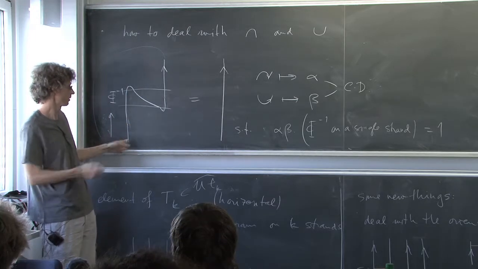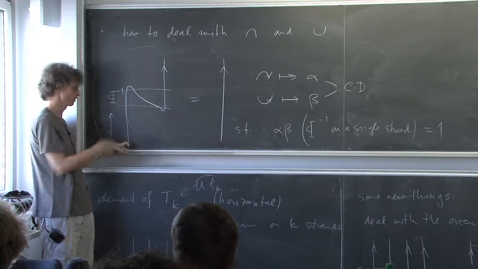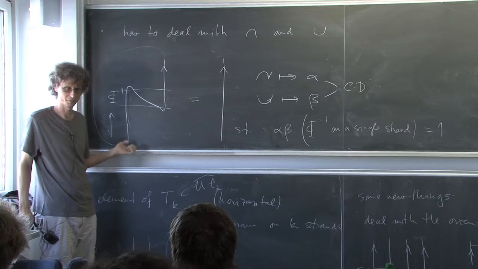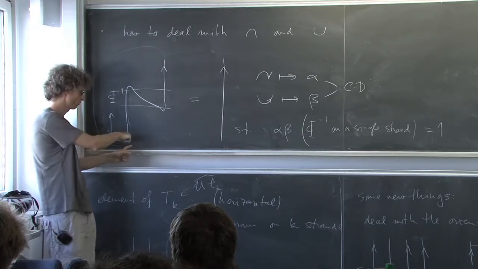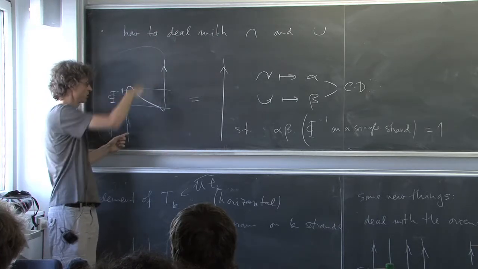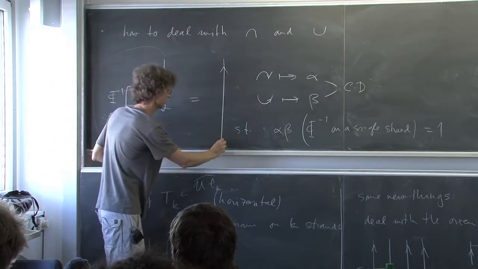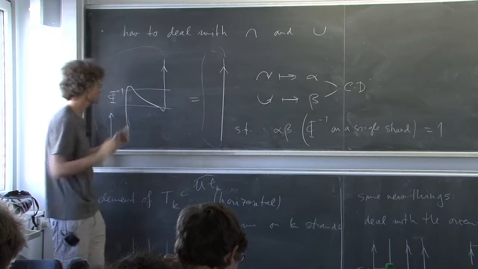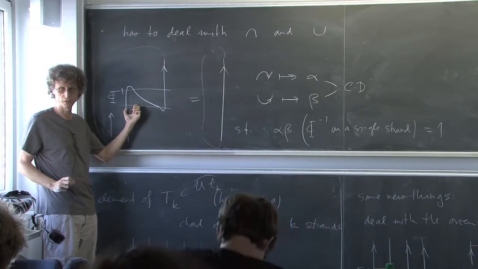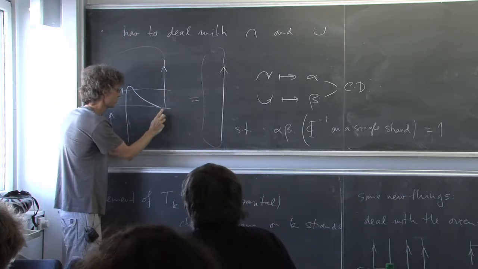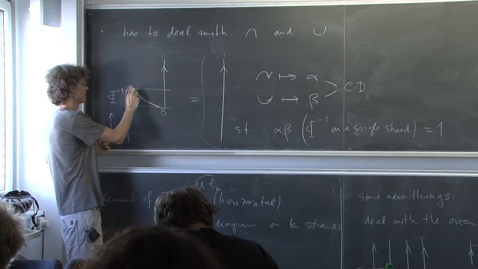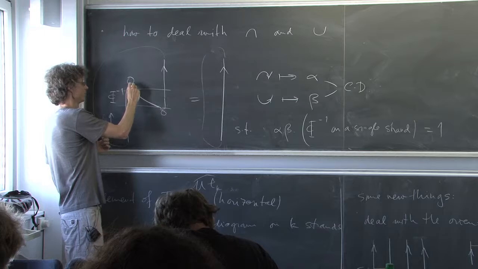I'm going to totally ignore any rules on how to actually compute with those chord diagrams for this part; I'm only using this part. Let me also secretly close this to a circle. And now what you see here is a connected sum of this with that, and this with that.